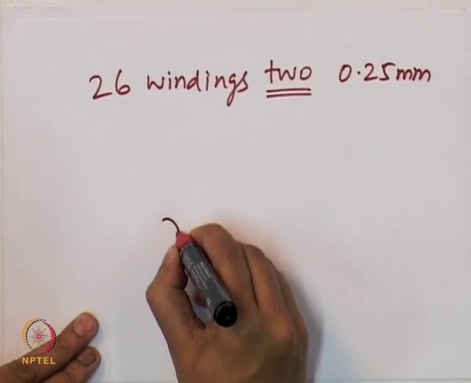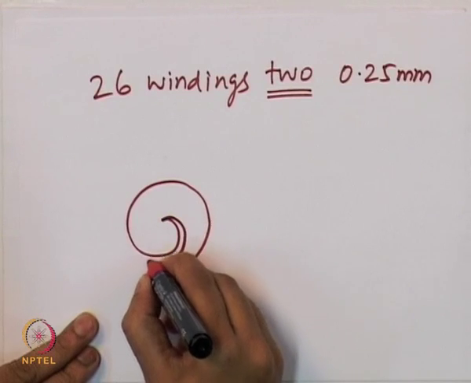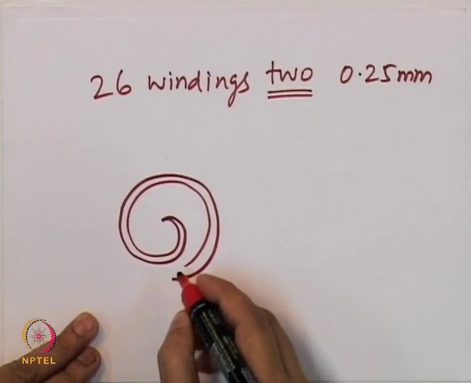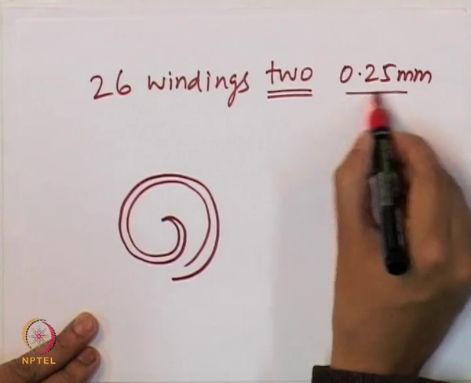There are 26 windings but 2 arms are rotating. So these are like something of this sort, and the thickness of these windings is roughly 0.25 mm.